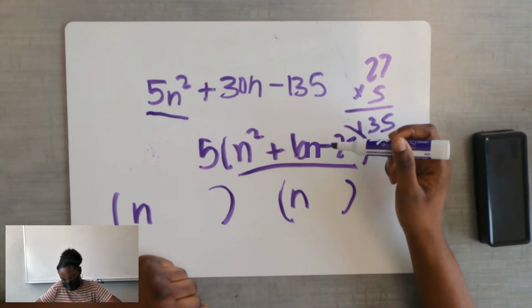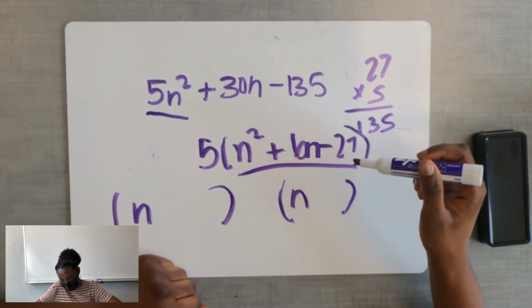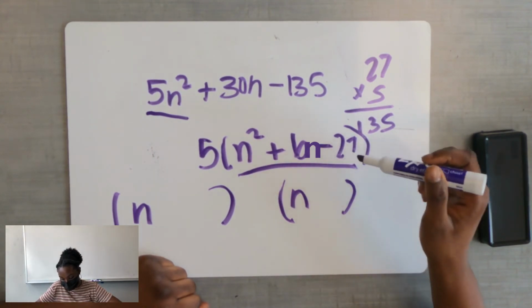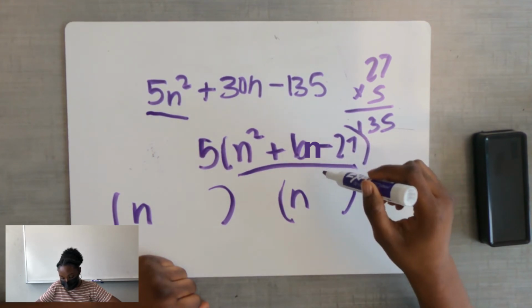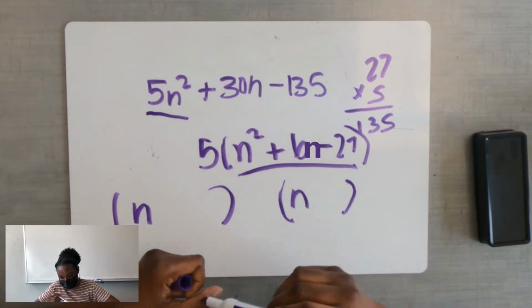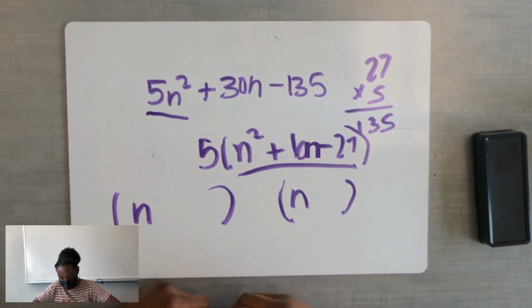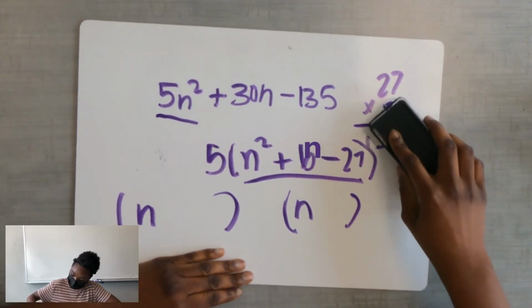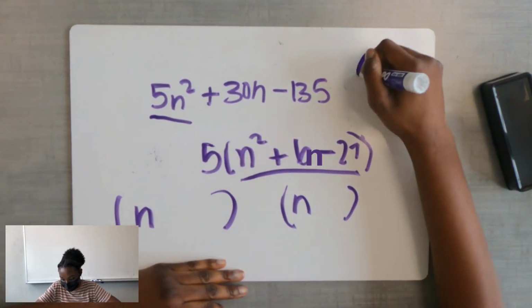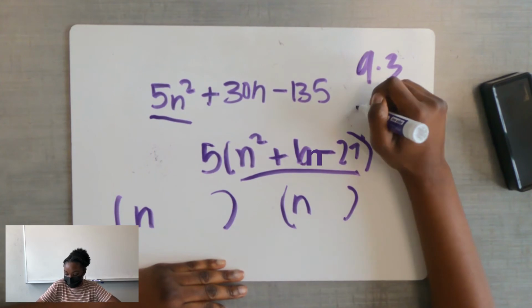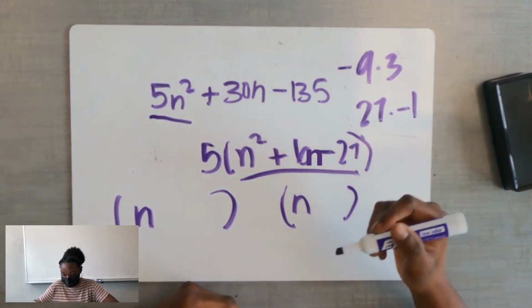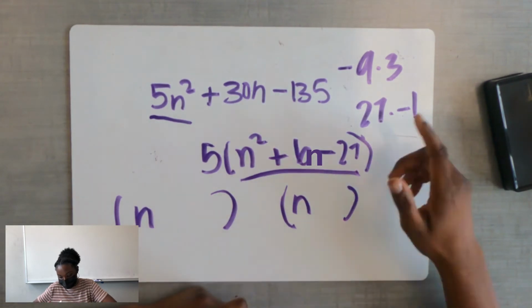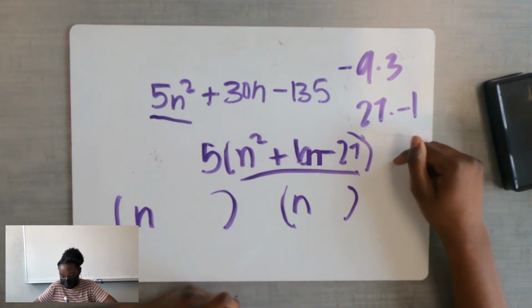So now we're trying to figure out what two numbers could be multiplied together to get -27 and added to get 6. Here, we determine that by listing out 9 times 3 and 27 times -1, so -9 times 3. And you want to figure out which one of these would get +6.